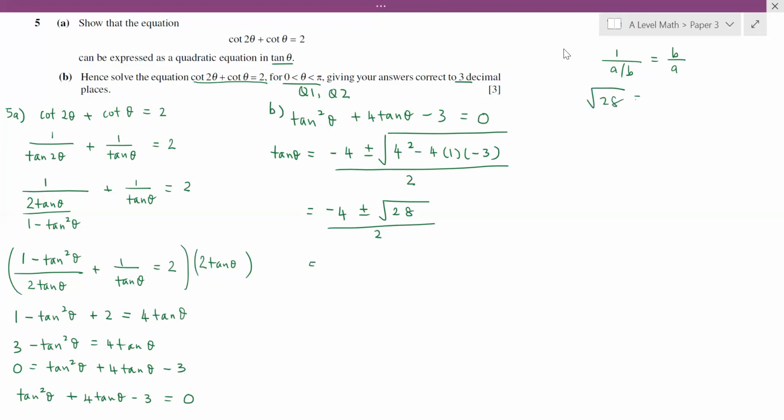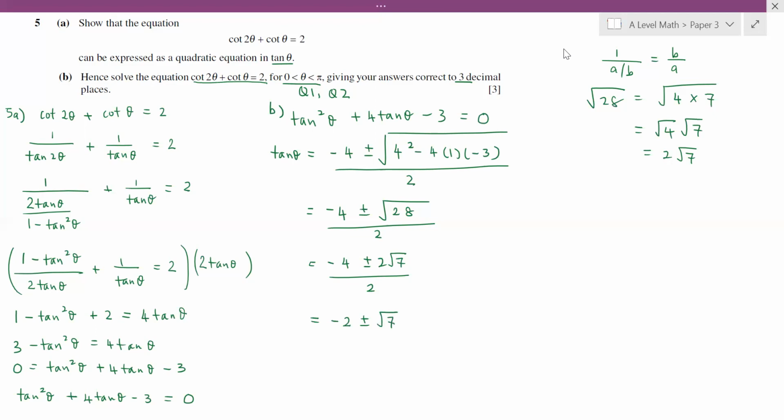Square root of 28 is square root of 4 times 7. So we have square root of 4, square root of 7, which is 2 root 7. Then we have negative 4 plus or minus 2 root 7 all over 2. And dividing throughout by 2, we have negative 2 plus or minus square root 7.